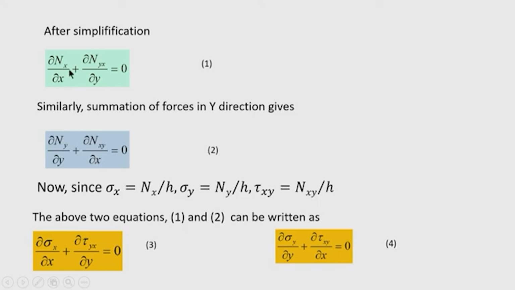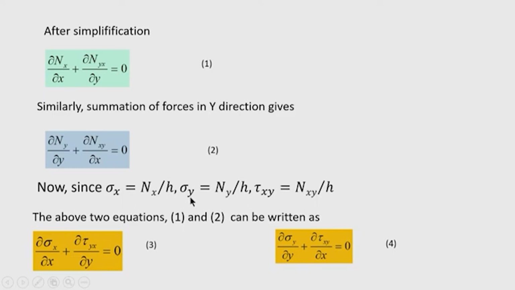Now, this form can be converted into the equilibrium equation of the two-dimensional elasticity problem, involving sigma x, sigma y and tau xy, that we are familiar with. These three stresses are important in case of plate. Now, if we take a unit width of the plate, and Nx is uniform, then we can write sigma x equal to Nx by h.